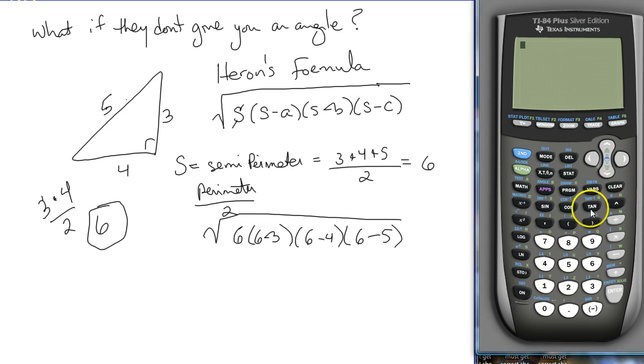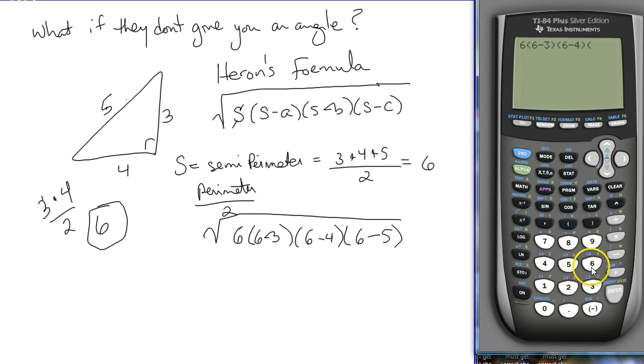So what I would do on my calculator, don't put the radical yet, because if they want it in radical form, or exact value, you'd leave it in radical. So I'm just going to do the guts, the inside, and just use the parentheses, one shot. So 6, parentheses, 6 minus 3, close. Parentheses, 6 minus 4, close.